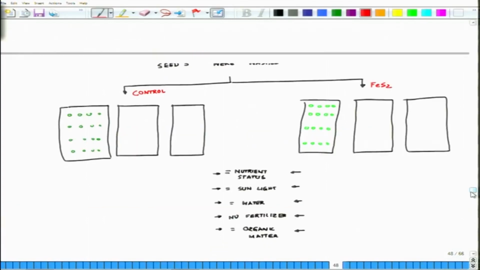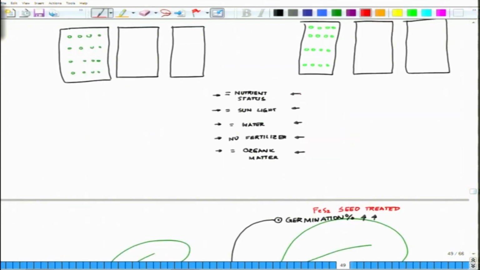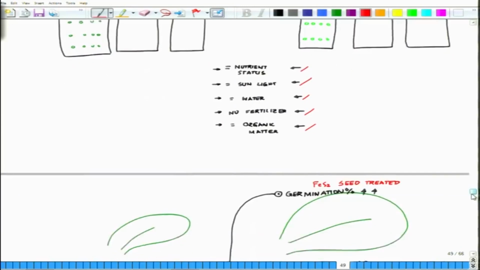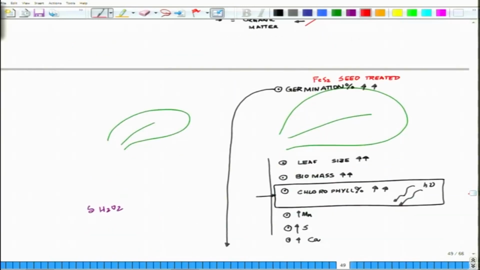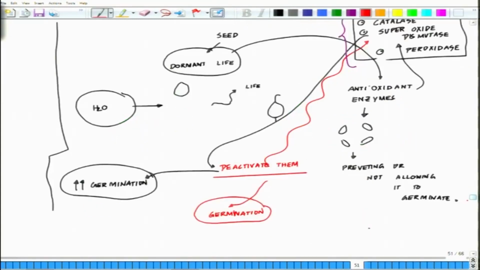Post that, these seeds were sown, maintaining the same nutrient status for the soil, the same amount of sunlight, the same amount of water, no fertilizer and an equal amount of organic matter in the soil. What was observed? There is an increase in leaf size, an increase in biomass, an increase in chlorophyll, and an increase in manganese, sulfur, calcium. Now, where are these effects coming from? This is where we stopped.